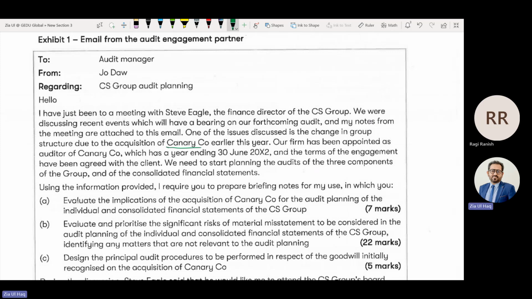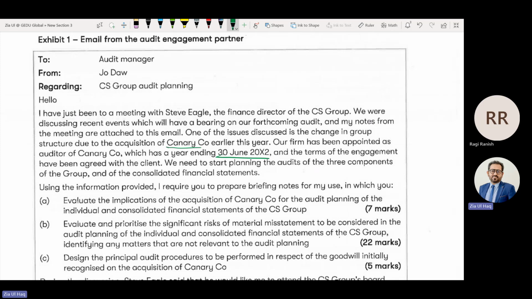Our firm has been appointed as auditor of Canary Company as well, which has a year ending 30th June 20x2. That is the new subsidiary. And the terms of the engagement have been agreed with the client. We need to start planning the audits of the three components of the group and of the consolidated financial statements.